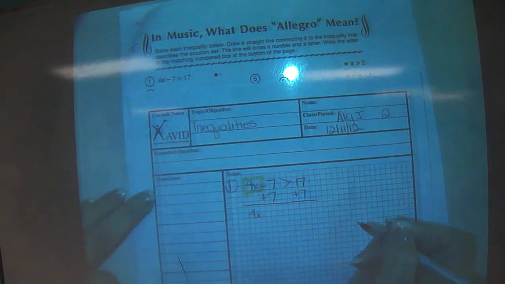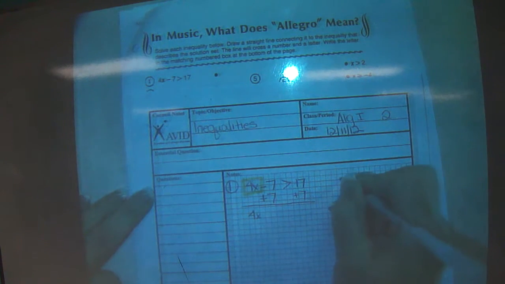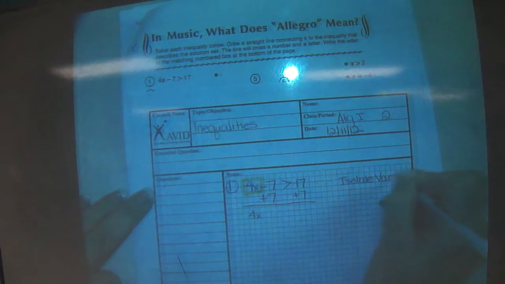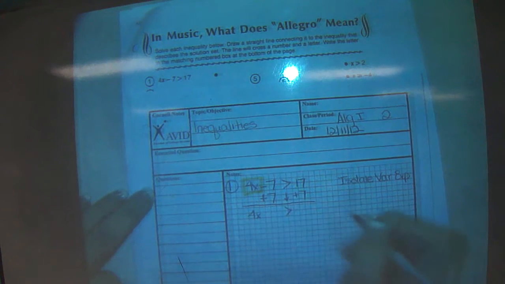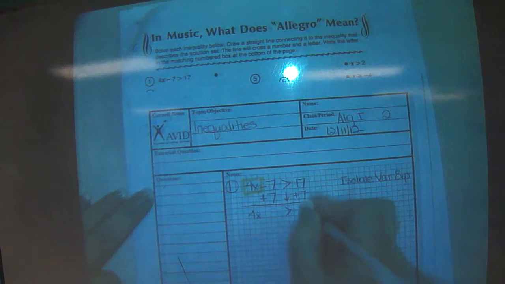So the first thing we're going to do is isolate the variable expression: 4x, and then bring the operator, usually the equal sign, but bring the inequality sign down. So 17 plus 7 is 24.